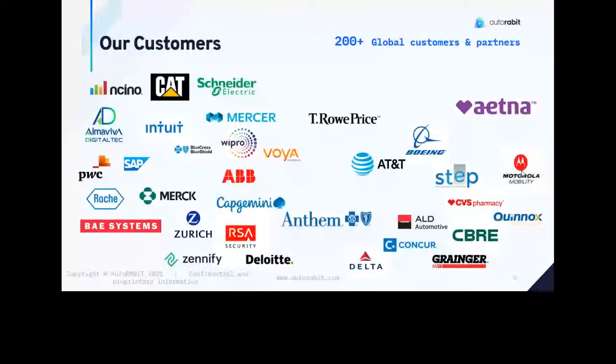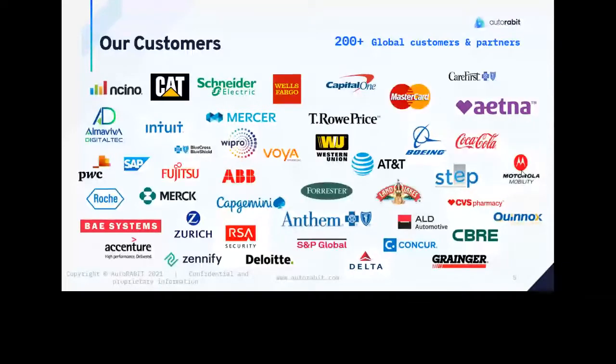Just to talk a little bit about what kind of clients we have. This is an overview of some of the samples of our 200-plus global customers and partners. So today we work with partners like nCino, Almaviva, PwC, Fujitsu, Wipro, Capgemini, Accenture, Deloitte, a lot of companies, Step SRL, all these small resellers, boutique consulting partners, a lot of them, as well as the big SIs, as well as these companies, mostly in highly regulated and compliance-driven industries.